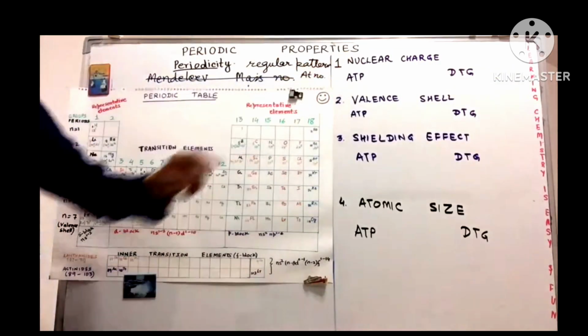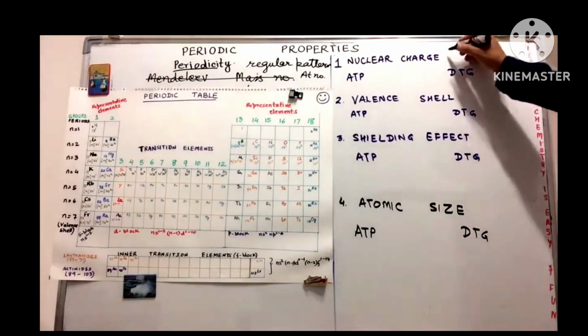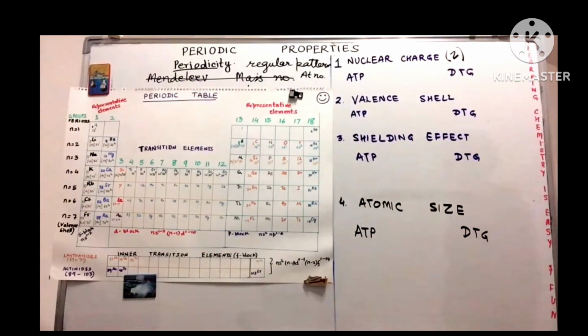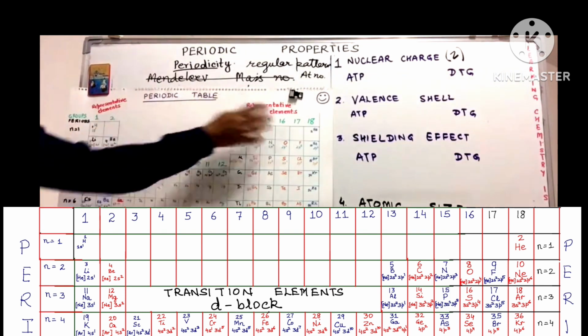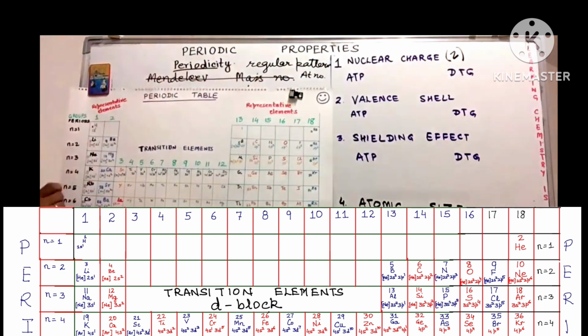Let us see nuclear charge. What does nuclear charge mean? Nuclear charge comes from the protons, and protons are equal to the atomic number of the element. So if you see in any period, atomic number 1, 2, 3, 4, 5, 6, 7 and so forth.